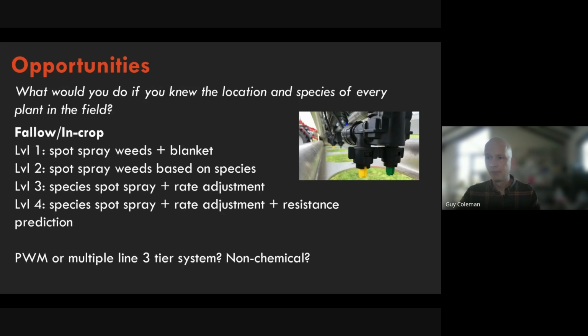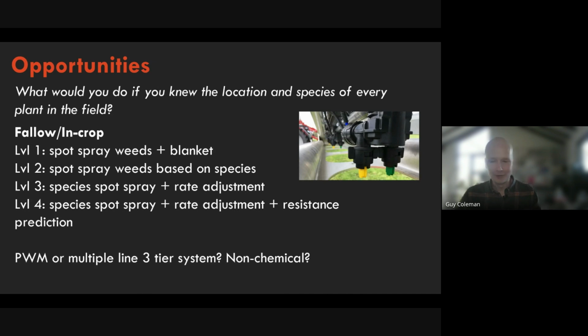And then maybe you can do species plus growth stage or size-based detections. Then you can adjust rates on the fly. This is where you start to get tricky nozzle setups. It gets more complicated, but you can start to do more fancy things with weed detection.